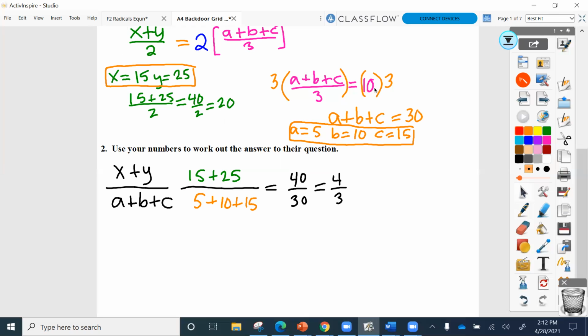So if you had this average be 10, then this would be twice as much. And that's how I figured out what my A, B, and C could be. Now notice there's many numbers that add up to 30. So you wouldn't have to choose these numbers. But if you chose numbers that add up to 30, different numbers, you would still get the same ratio in the end.